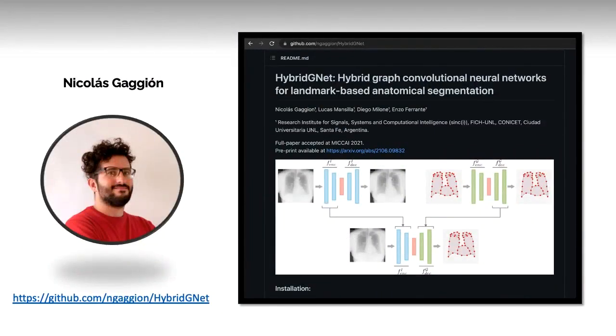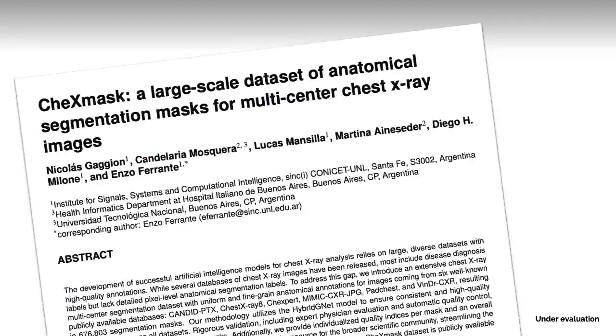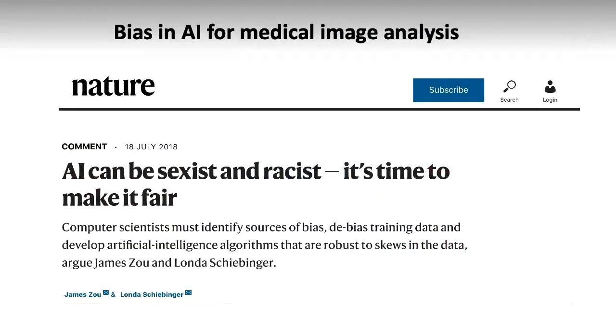But I want to move now a little bit into the other problem I was commenting on, bias in this kind of models. It was a concern that was really important for us when we were constructing this segmentation data set. So a couple of years ago, I read this paper that maybe some of you have read, or if you haven't, you should.